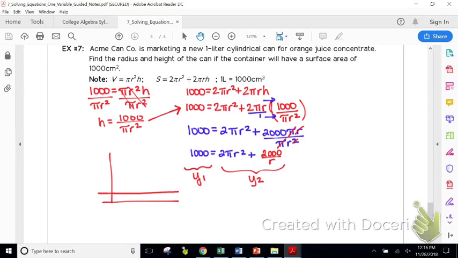Mine's going across pretty low, so I'm going to move my window down. I'm going to change my Y maximum to maybe 7,000. That didn't help a whole lot. Let's try 5,000. That's not bad. The line's still pretty low.